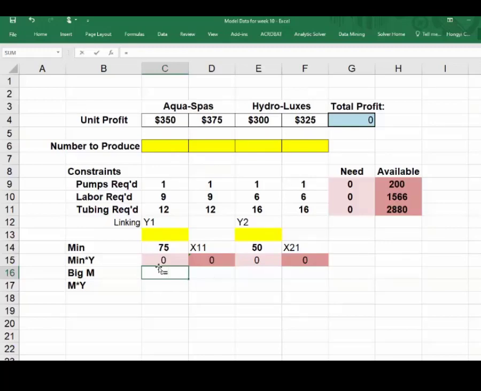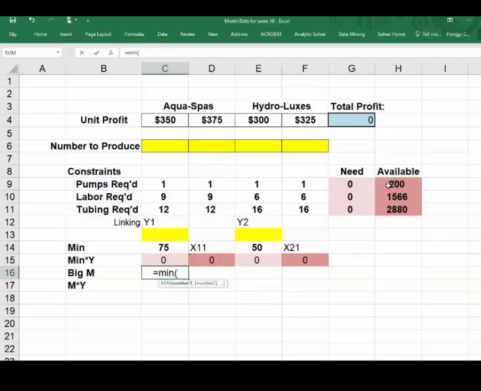So we'll first find out what's the maximum amount of aqua spa that we can produce if we use all the resources just to produce the aqua spa, nothing with hydrolux. It's the same way that we found the big M in the fixed charge problem.